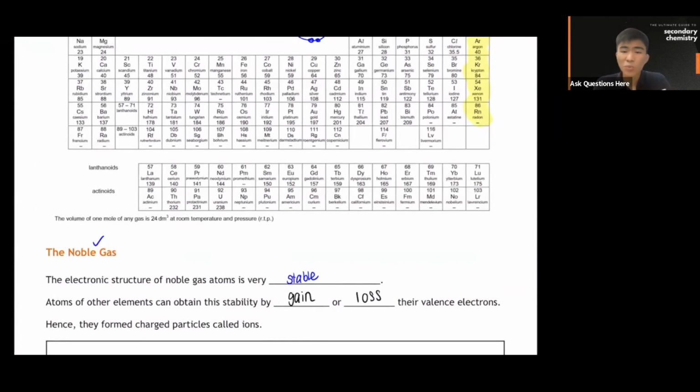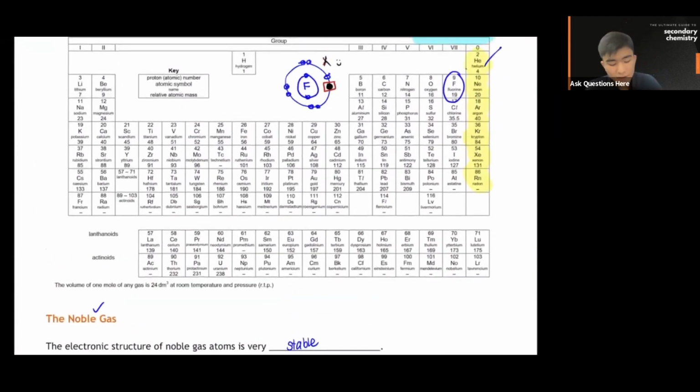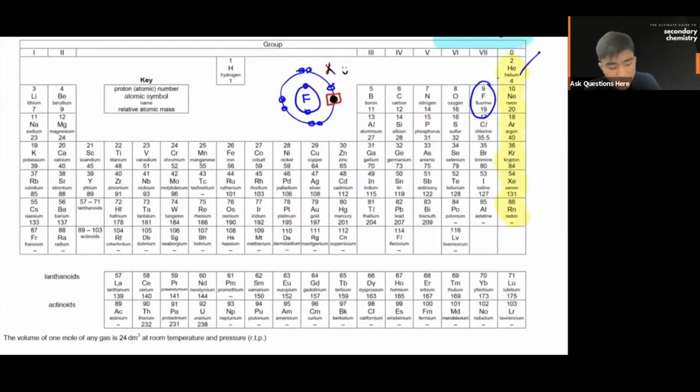Now, what happens if I gain 1 extra electron? Let's go back to the example of fluorine. Originally, let's look back at the electronic structures over here. Originally, fluorine has 9 protons and 9 electrons, right? Now, what happens if I gain 1 additional electron? I plus 1 already, 1 electron. Now, in total I got 9 protons, but I got 10 electrons.